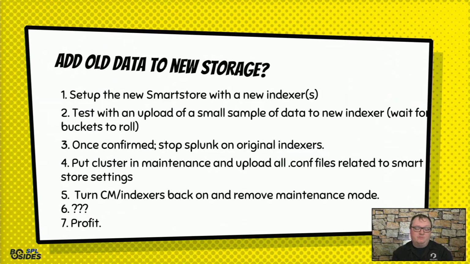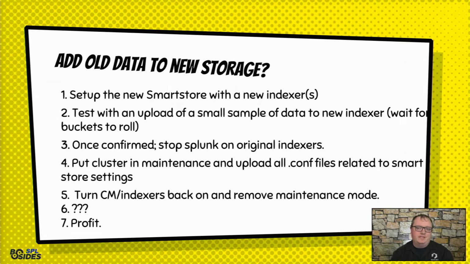Once it rolls to warm, see if it actually shows up in the SmartStore. Then you can search, can you see it, remove the bucket, make sure it gets brought back into the indexer, stuff like that. Those tests they outline step by step, which is super awesome. And it's essentially what I had to do when I was trying to learn SmartStore, like literally, how does this work? So go to that.